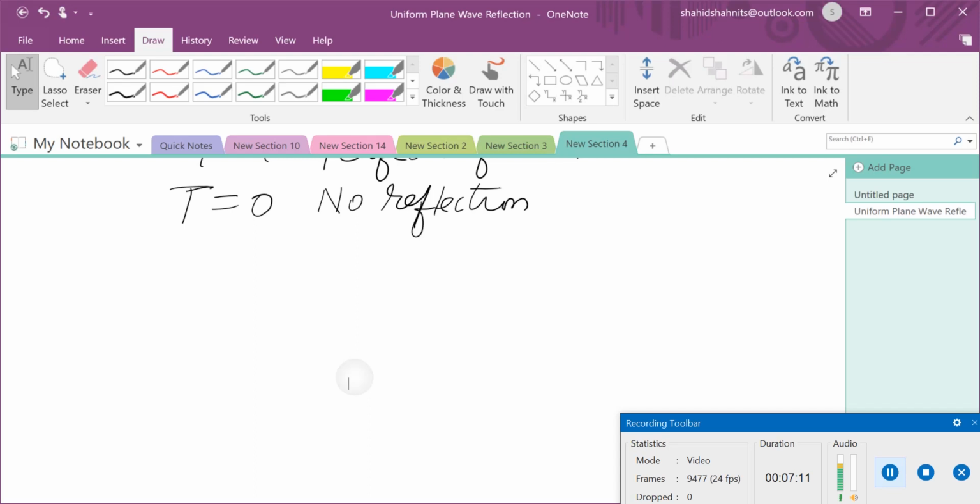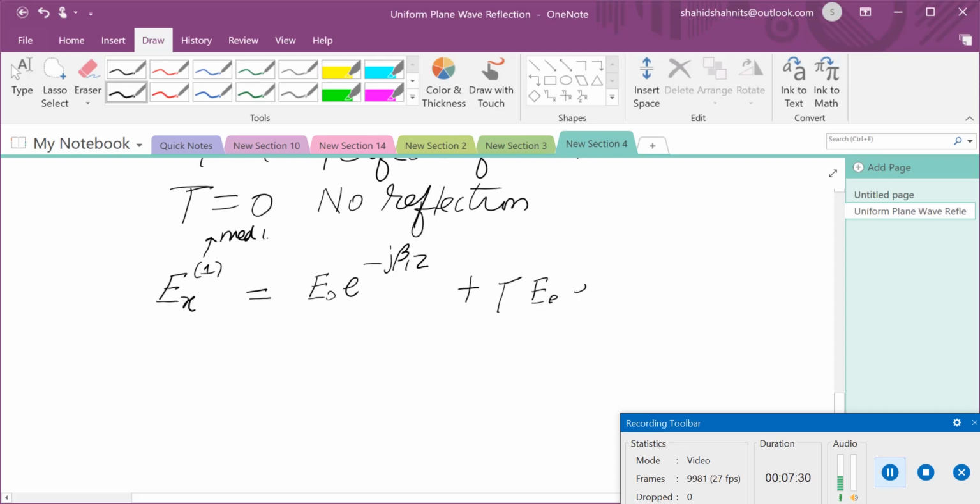So what will be the net electric field? I will denote that as Ex1, where 1 means that it is medium 1. It will be equal to the incident wave E naught e to the power minus j beta 1 z plus the reflected wave, gamma times E naught e to the power plus j beta 1 z, which we write in short.